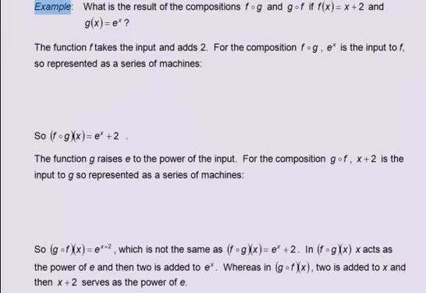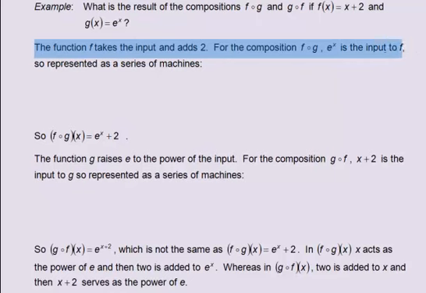Example: what is the result of the compositions f circle g and g circle f if f of x equals x plus 2 and g of x equals e to the power x? The function f takes the input and adds 2. For the composition f circle g, e to the x is the input to f.